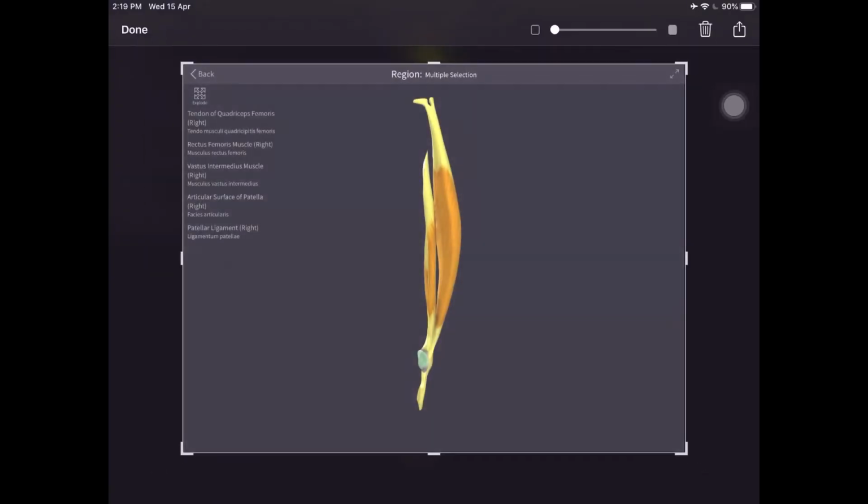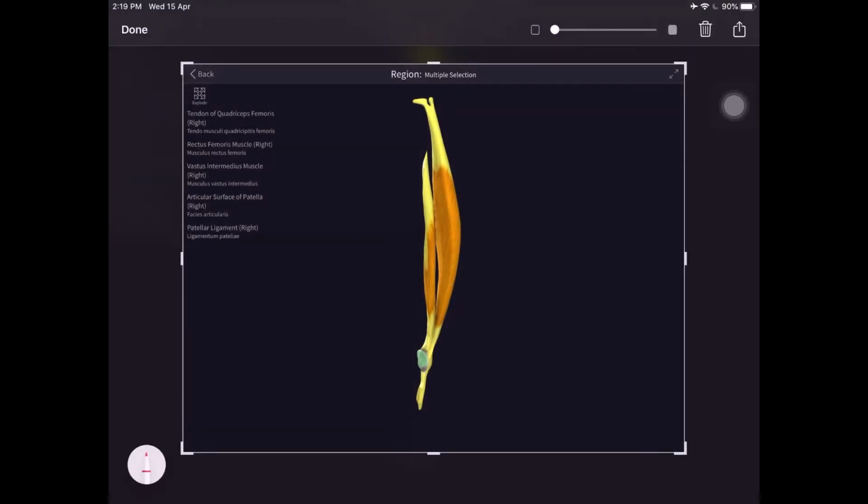Here you have two heads, the straight head and the reflected head. This is the straight head of rectus femoris; if you go back to your hip bone, you will know what I am talking about. This is the reflected head of rectus femoris.